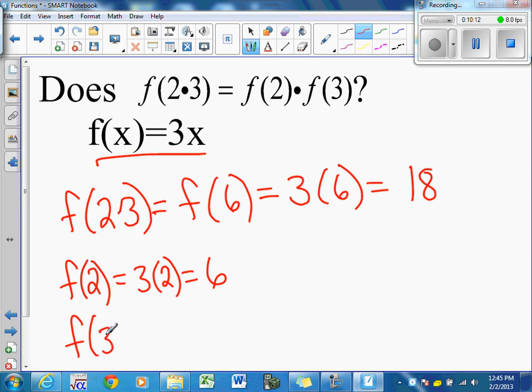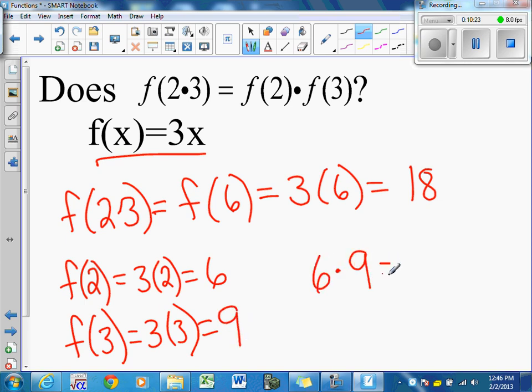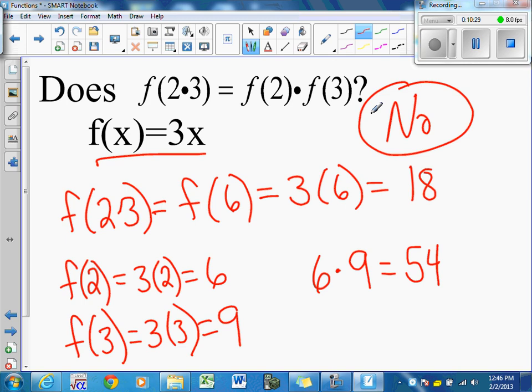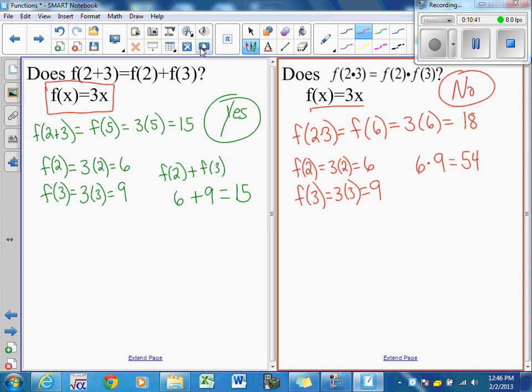F of 3 is 3 times 3, which is 9. And 6 times 9 is 54. So those are not equal. So no, they're not equal. Once again, depends on the function. So as you do some homework problems such as these, ask yourself this question for different functions, and you have to check, are they equal, by just evaluating them.